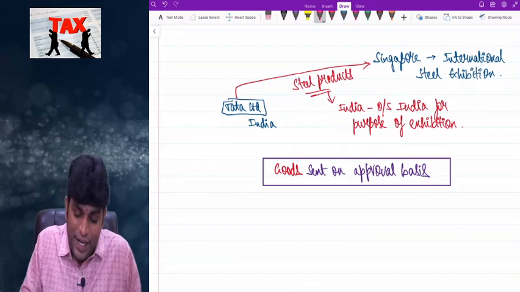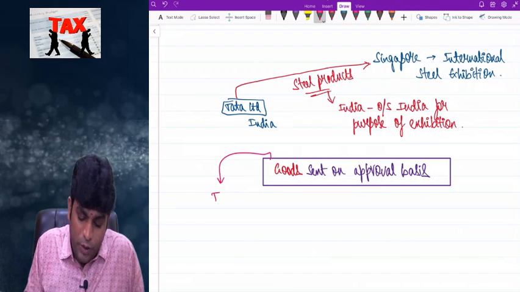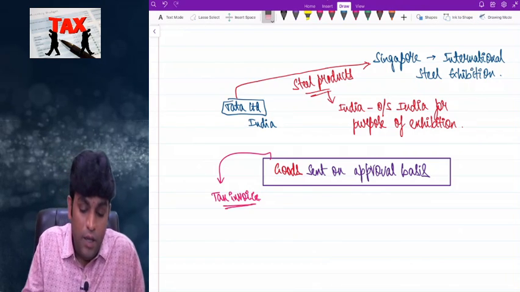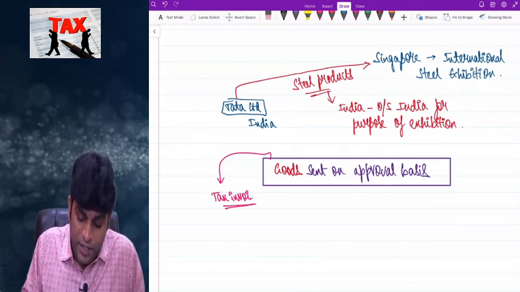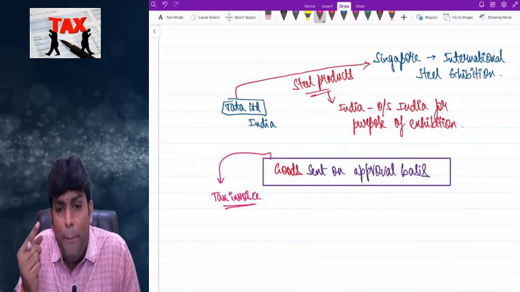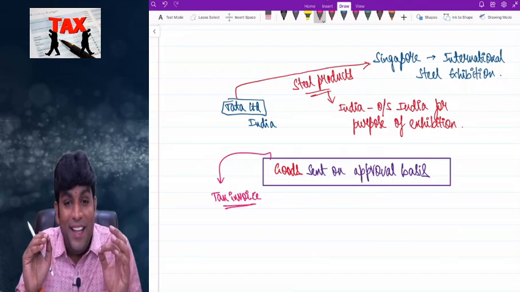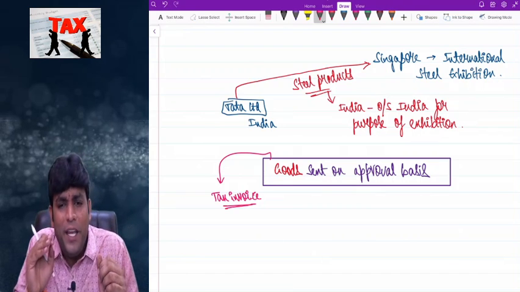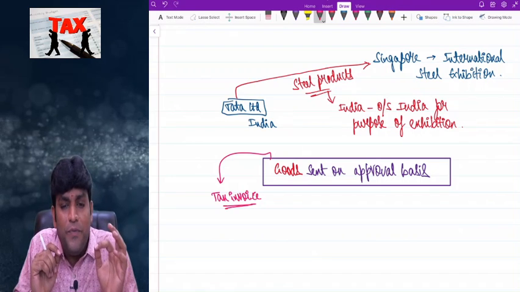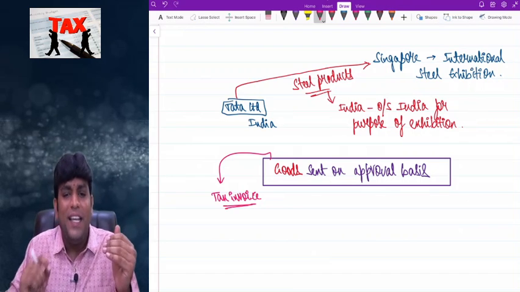That is why, my dear friends, in the concept of tax invoice chapter, there is one interesting concept there, where law has specified that in case where goods are sent on approval basis, in that case, invoice must be issued at the time when supply takes place or 6 months from the date of removal, whichever is earlier.